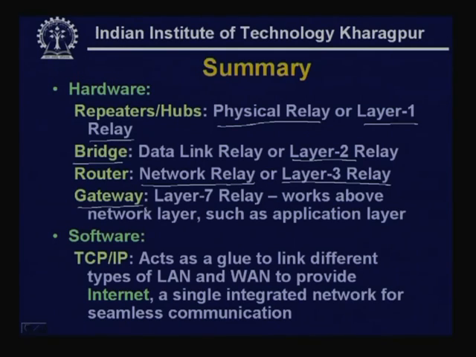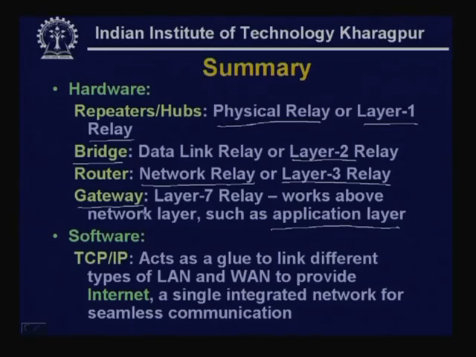Another type of hardware which I have not discussed is known as a layer 7 relay. This works above the network layer, such as the application layer. This kind of gateway can be necessary. That means it will not only operate in layer 2 or layer 3. That means routing is not only performed based on the MAC address or IP address. It can check the contents of data, for example, the content of an email.